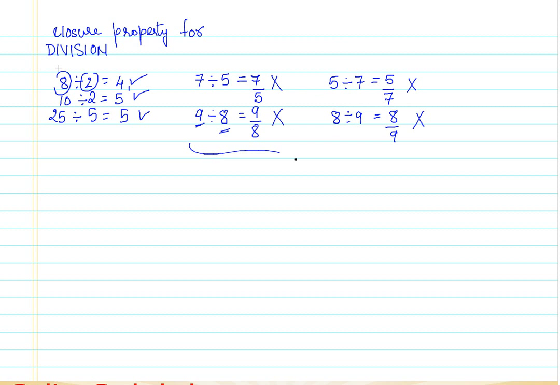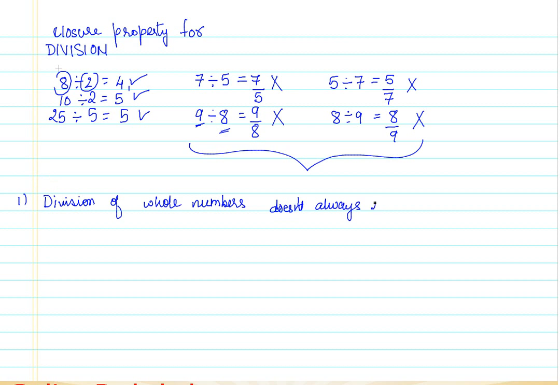So based on these examples, what we conclude is that division of whole numbers doesn't always result in a whole number.